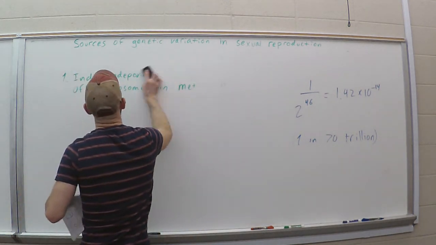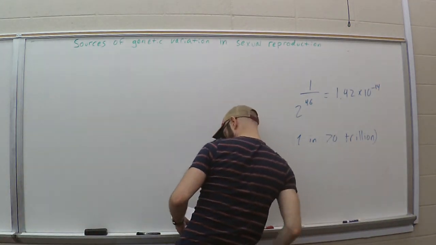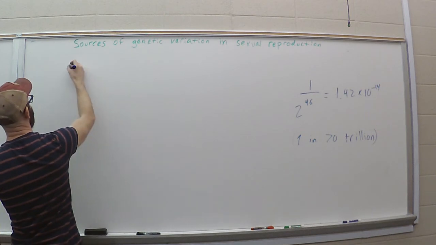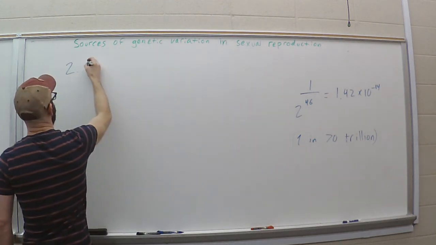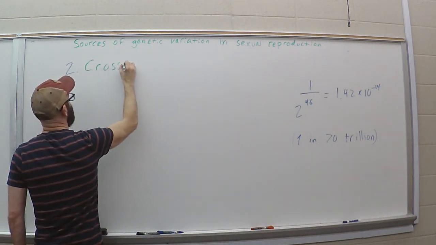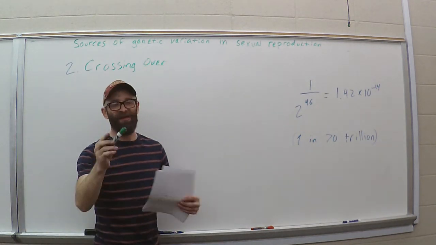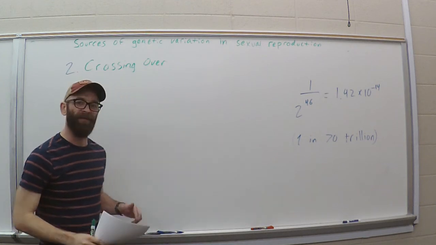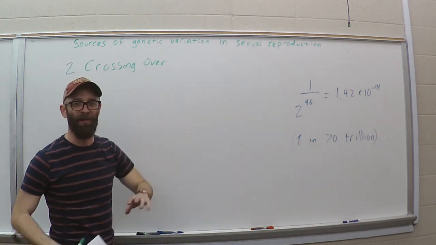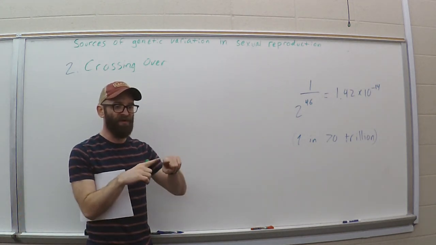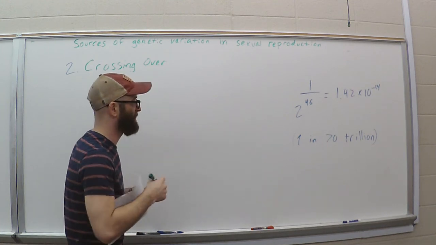But that individual is still not genetically identical to you because of the second source of genetic variation, which is crossing over. Even if they got the same combination of chromosomes as you, those chromosomes wouldn't be identical because crossing over is random. And remember, crossing over rearranges the organization of genes that are on the homologous chromosome.